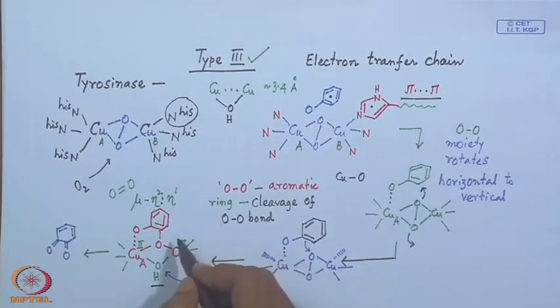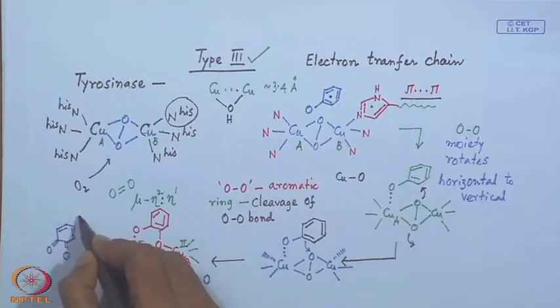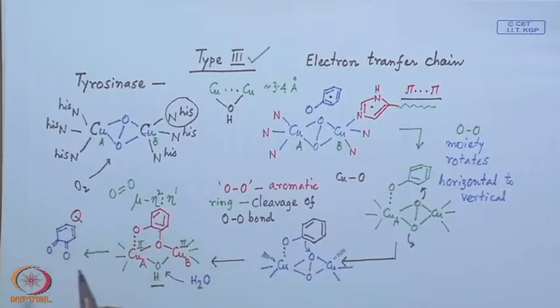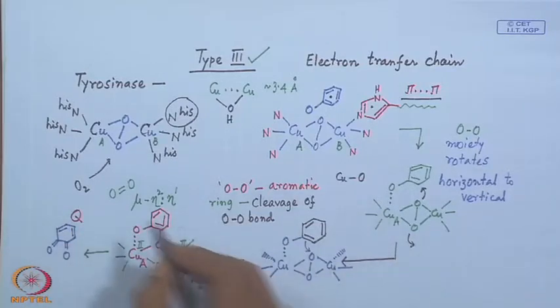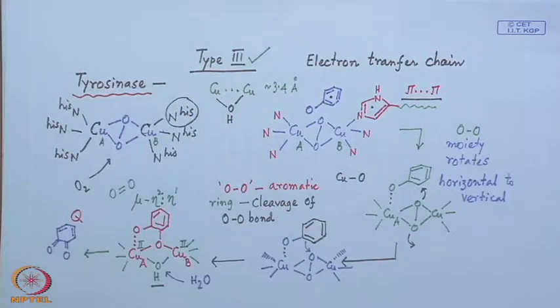So, immediately what we find is that the catechol unit is responsible for the reduction of the copper centers, and your catechol unit is getting oxidized to the quinone product. So, you have the quinone product which is liberated. It is not for any one such quinone product. All sorts of reactions having a tyrosine part, because we are talking about something which is amino acid based.